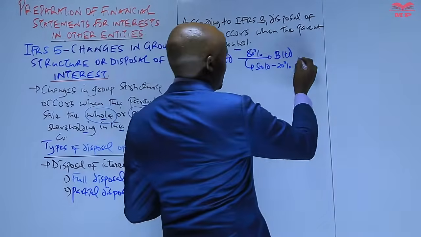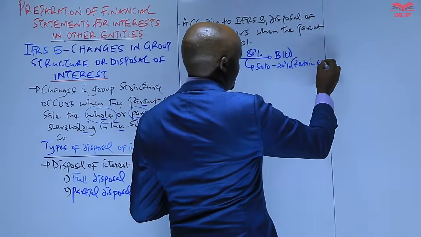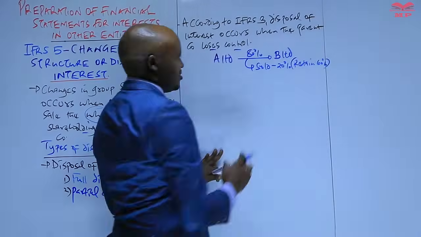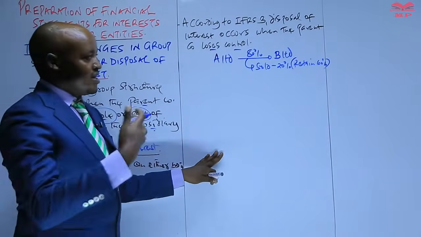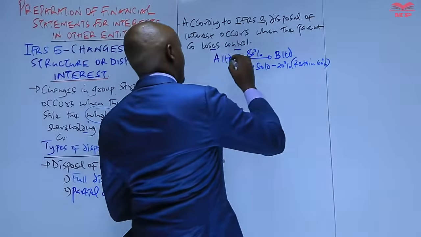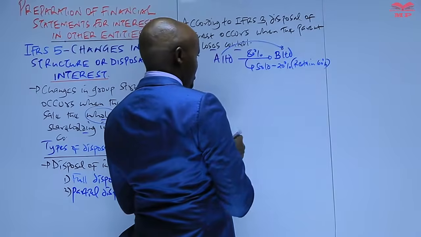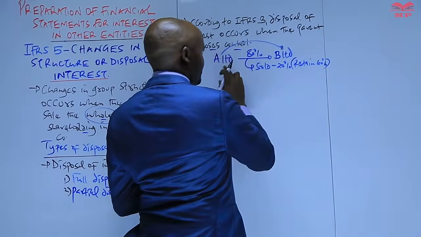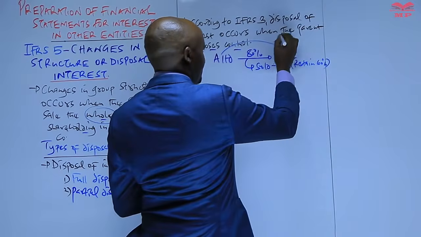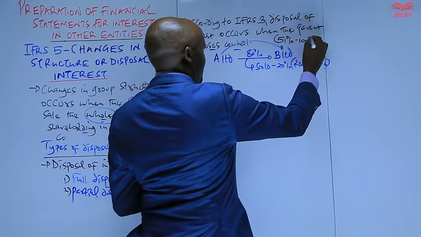What does that mean? It means that the parent company has retained 60% of the shares in B. In such a case, you can see the parent company still has control, because an investor company will have control of the investee where the shares held lie between 51% and 100%.